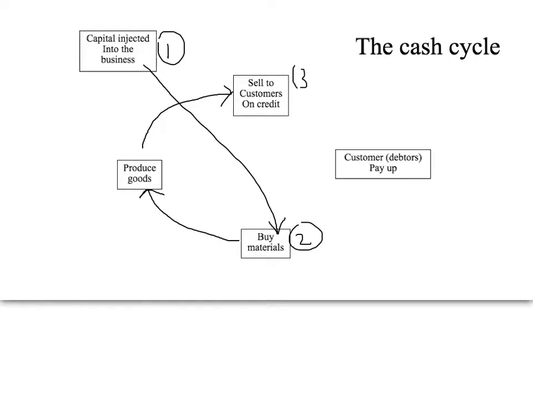Now, depending on what kind of business you're in, I can hardly go shopping at Asda and turn around and say to them, oh, actually, I'm going to take my food today and I'm not going to pay for a long time. So if you're a small, new enterprise business, it's likely that you might sell to customers and they may pay you straight away, in which case you would record the cash.